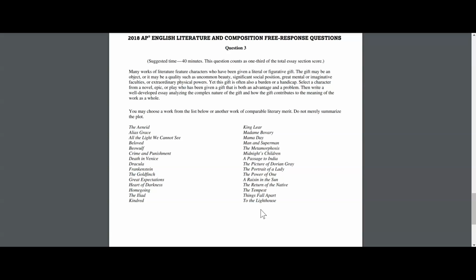However, you have to discuss a text that is of literary merit. This phrase right here, literary merit. What does it mean if something is of literary merit? Well, it means that it's a text that is worthy enough to be analyzed in this context.